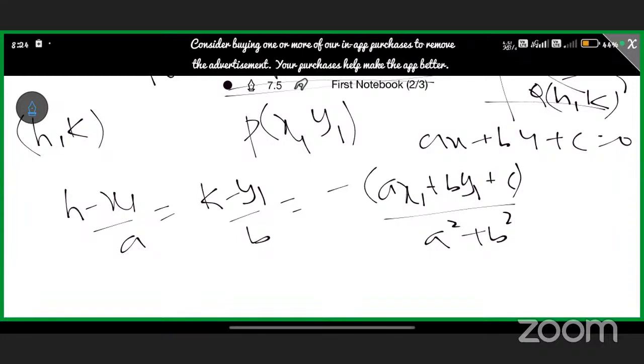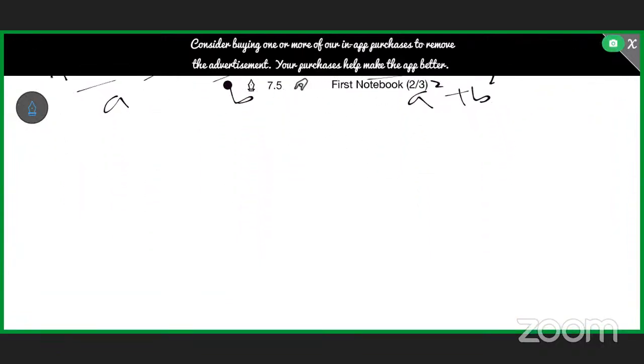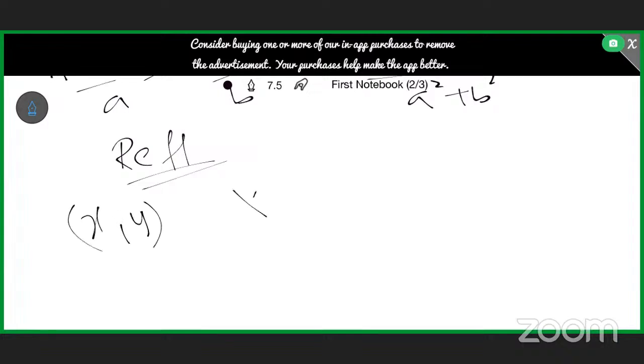Next, we'll be discussing the concept of reflection. Already we have done it in transformation of axis, as a repetition. Reflection of (x, y) with the x-axis will be (x, minus y).